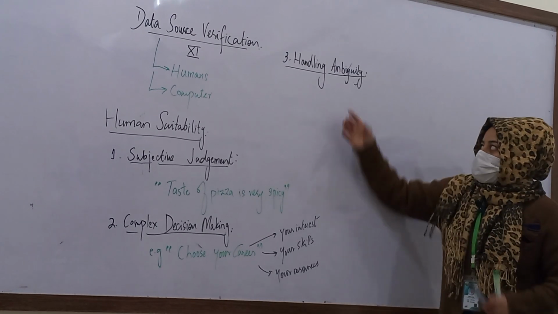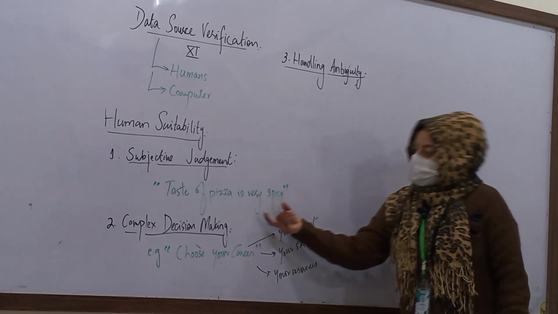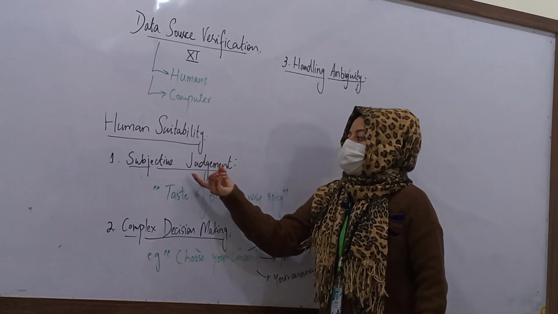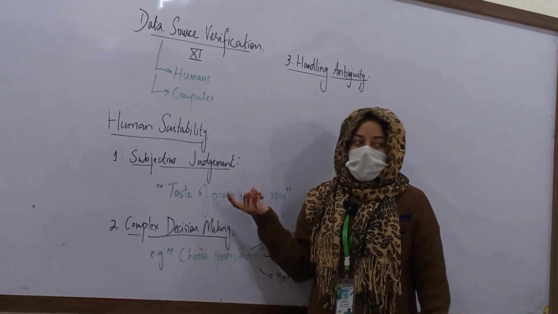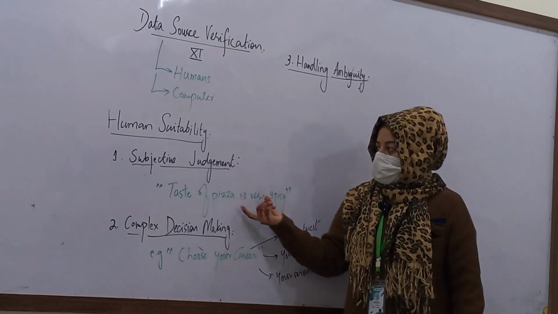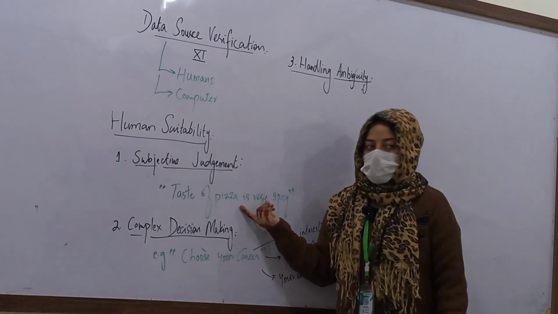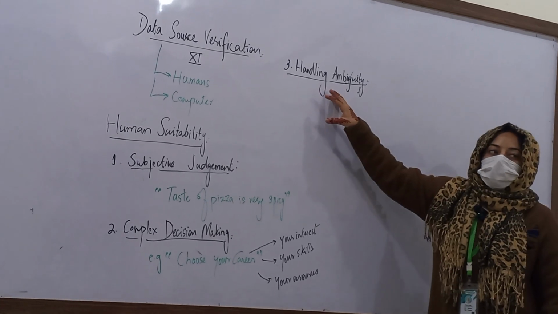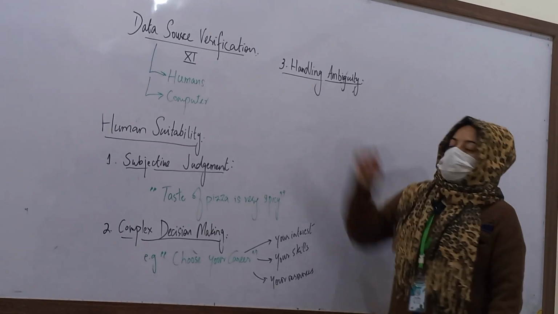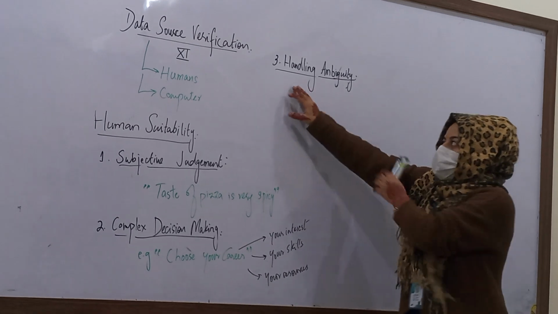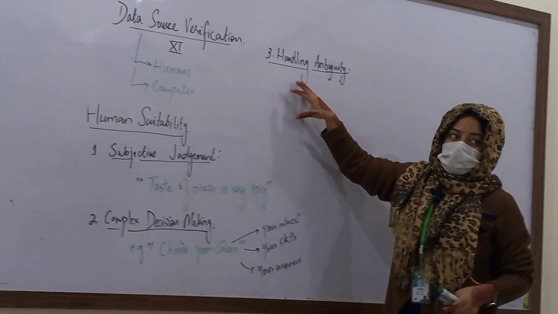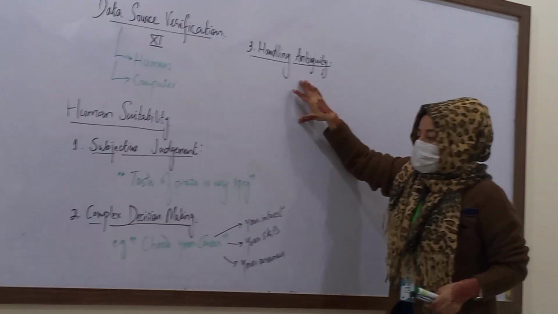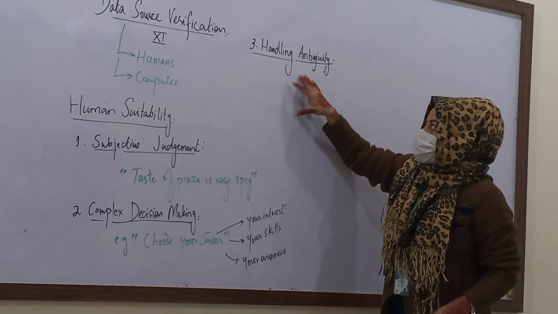Handling ambiguity also deals with perspective, the same as subjective judgment, in which you yourself are using your own understanding and interpretation to understand what the information is about, what information is missing from it, what positive aspect that information is giving, or what negative aspect that information is giving.